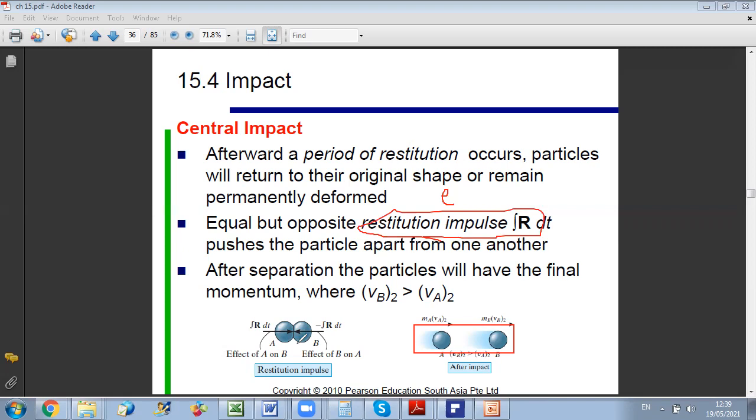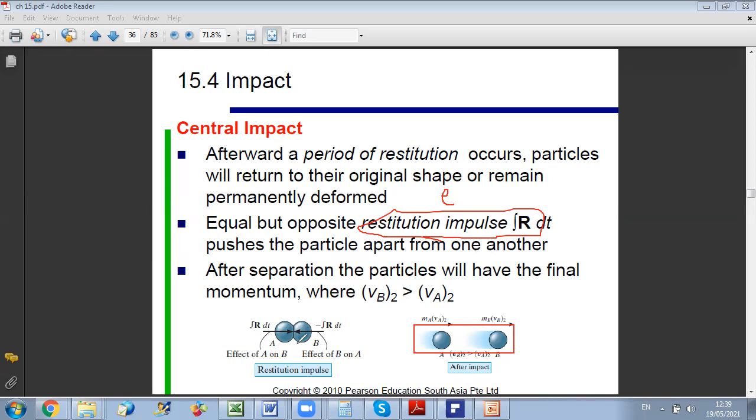The second extreme case is that you don't lose any energy. In this case, the restitution impulse will be equal to the deformation impulse. So the shape of your balls will go back to the initial state. And of course, here we talk about microscale deformations. If you look at the system, you will not see it, because it's a microscale deformation.